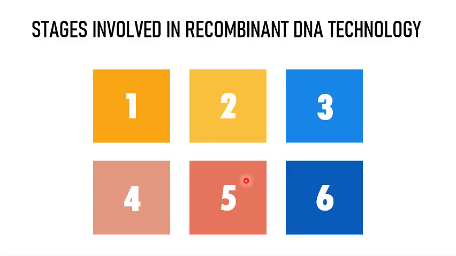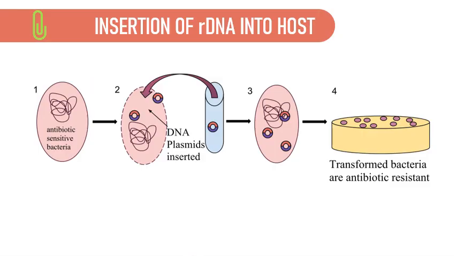The fifth stage in recombinant DNA technology is insertion of recombinant DNA into the host, and that step number 5, insertion of recombinant DNA into host, is done with the process called transformation.